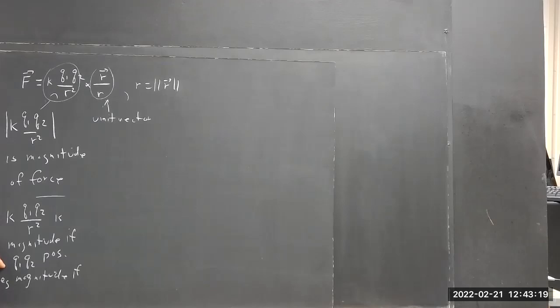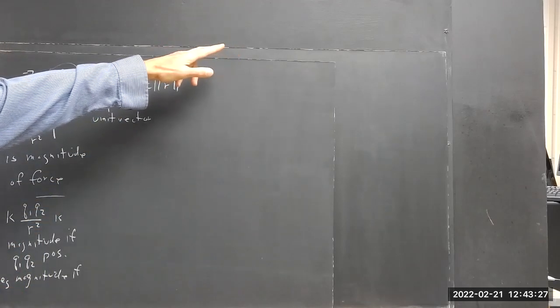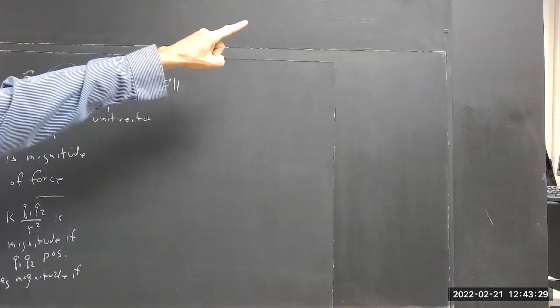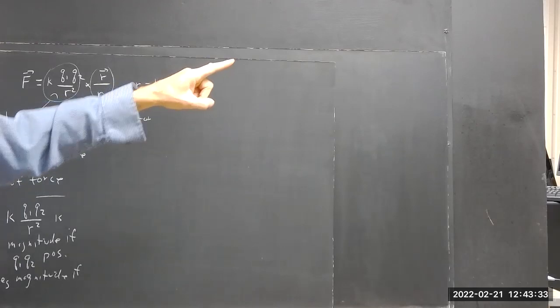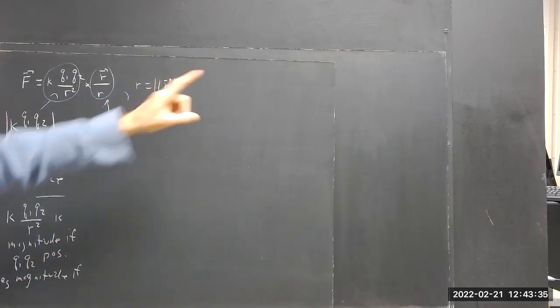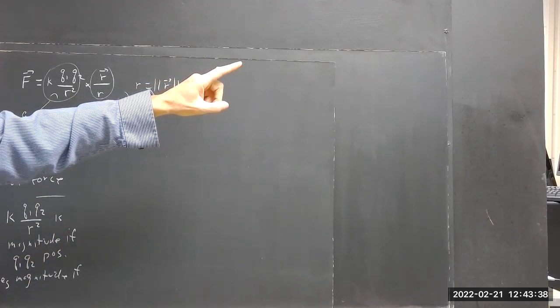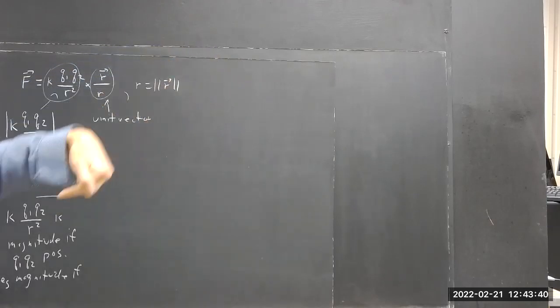If Q1Q2 is positive, meaning they have the same sign, that's the force of repulsion, so this vector goes from one charge to the other, and for a force of repulsion, that's the direction of the force. But it could be a force of attraction. R still goes from one charge to the other, but now the force is in this direction.